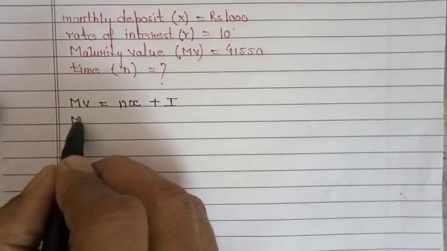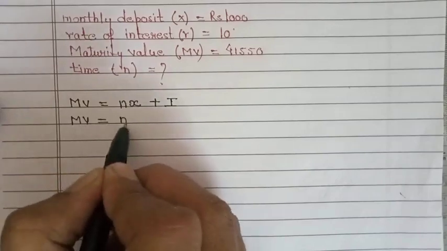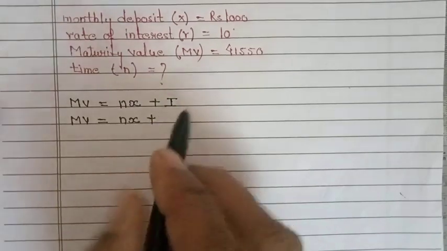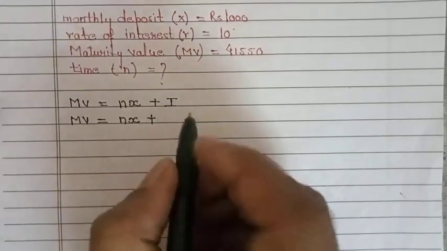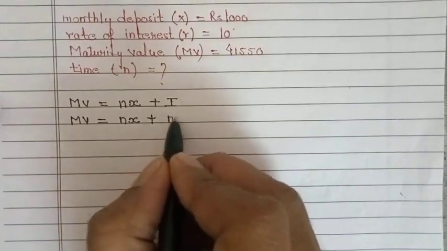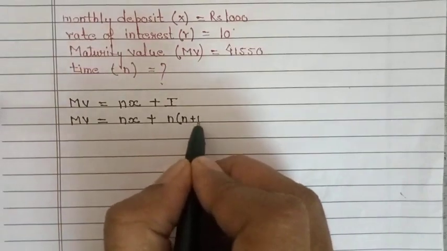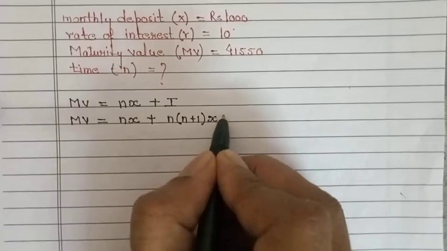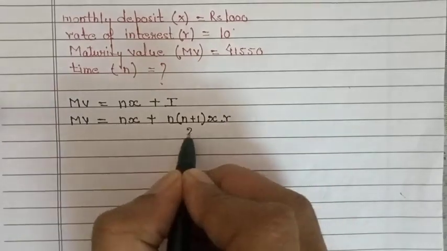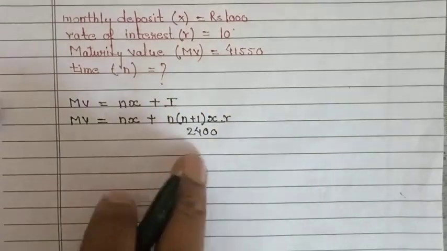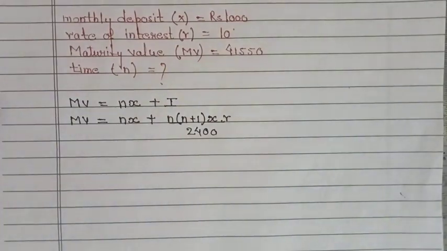Now in the question, interest is not known to us. So we will replace this I with its formula, and the formula for interest is N into (N plus 1) into X into R upon 2400. This is the formula for interest.